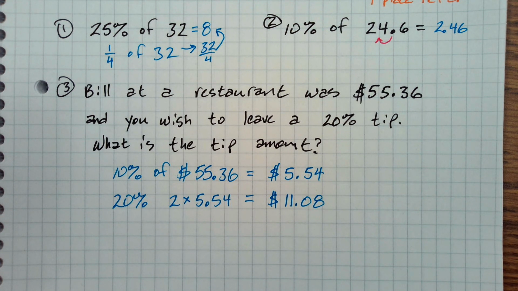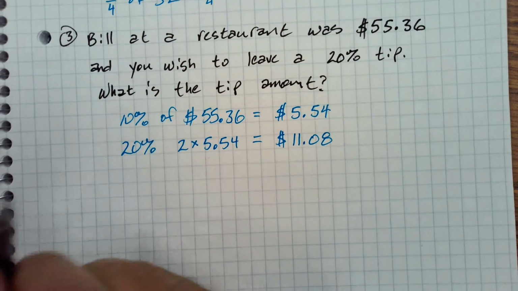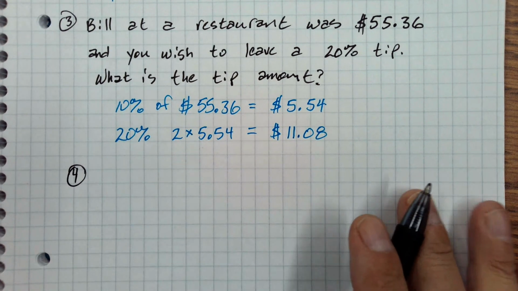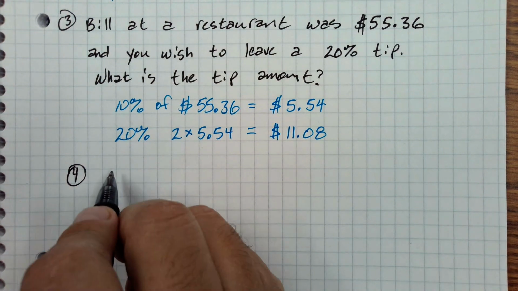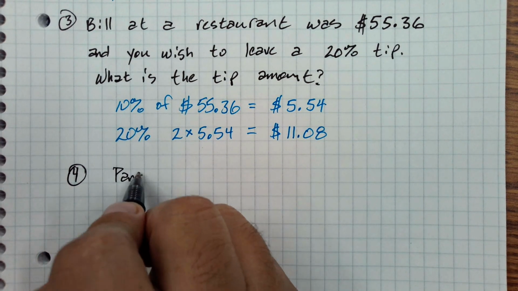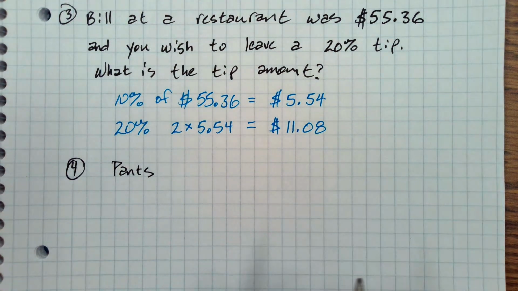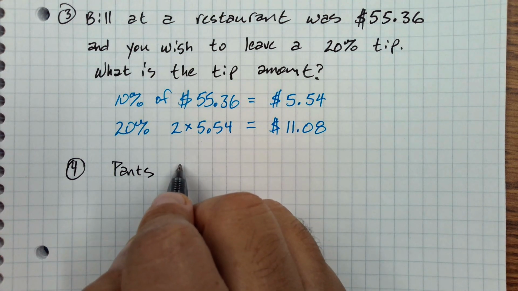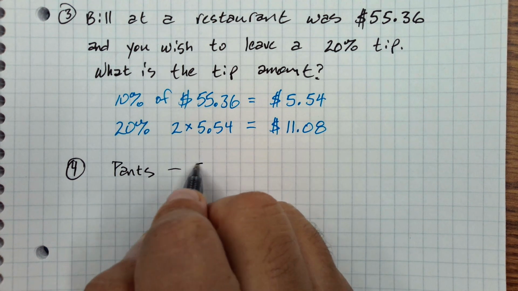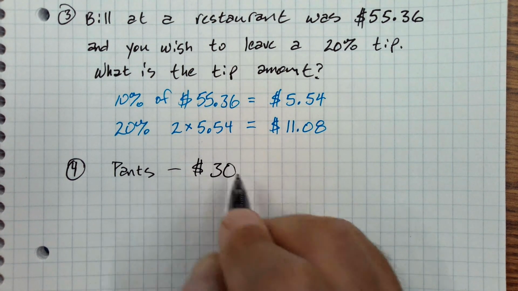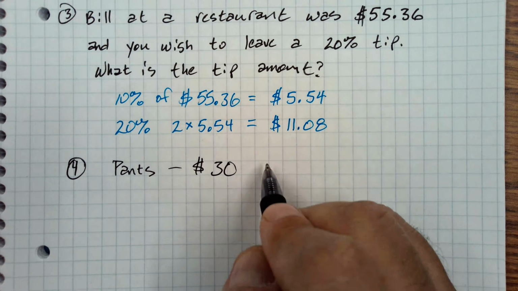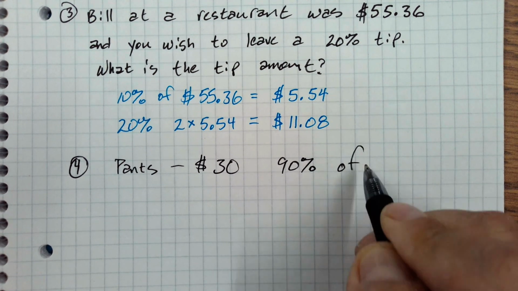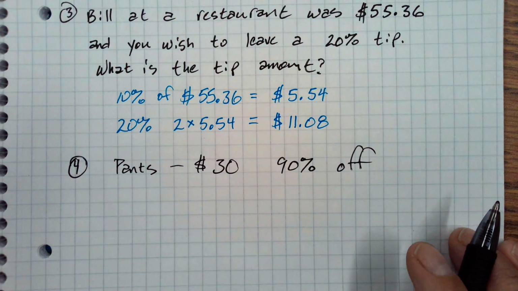Okay. So how about number 4. Let's say you're buying some jeans, and the jeans are normally $30, but today they are 90% off. How much money do you take off?